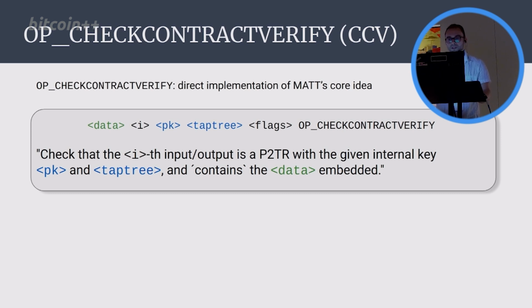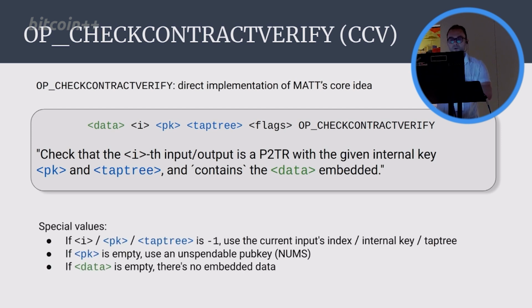So what does it mean to contain the data? Well, that's more an implementation detail, but the way it's done in the opcode is that, if you know how pay-to-taproot works, pay-to-taproot already commits to some data inside a public key, via what is called the taproot tweak. Since we want to commit to more data inside this same public key, we just do the tweak twice.